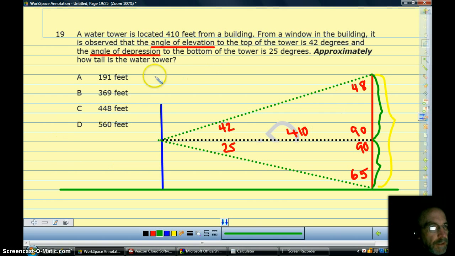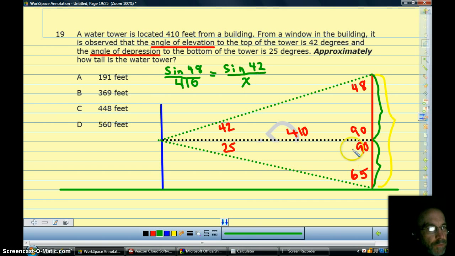So that'll be the sine of 48 over 410 equals the sine of 42 over that length. So, and we'll just call that x.